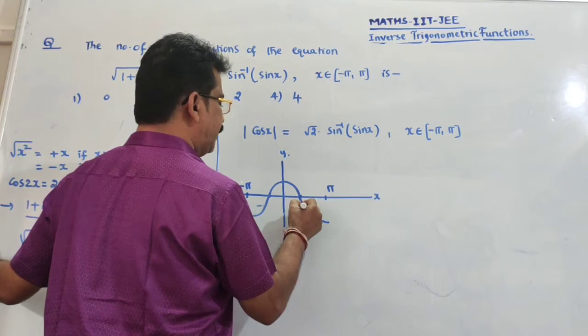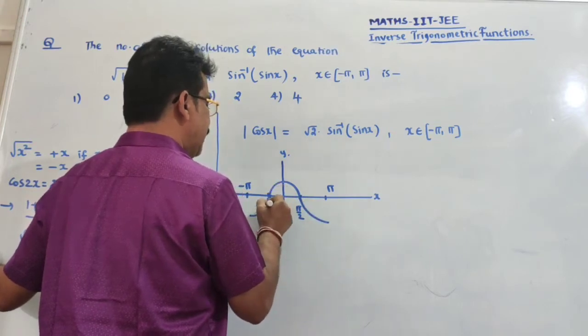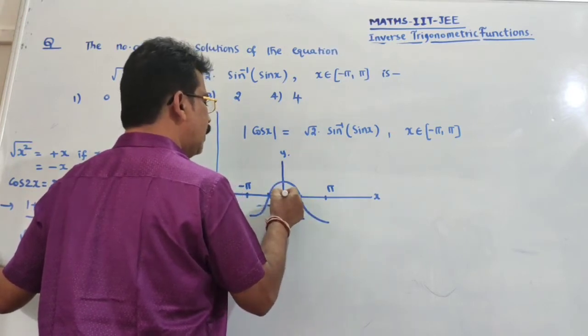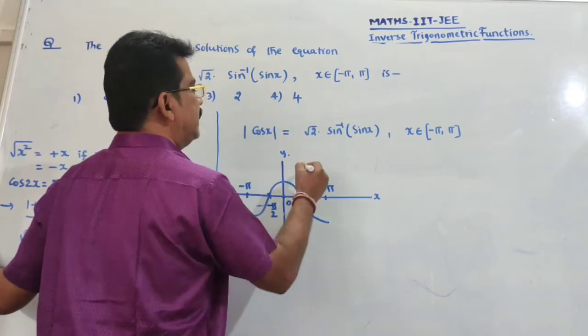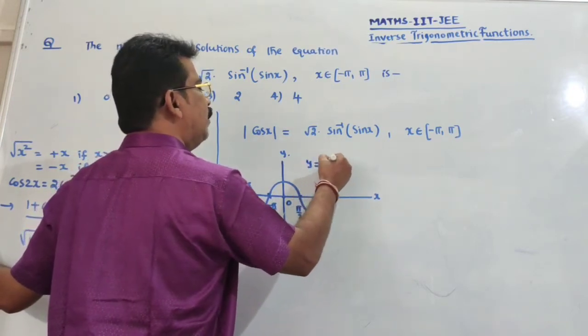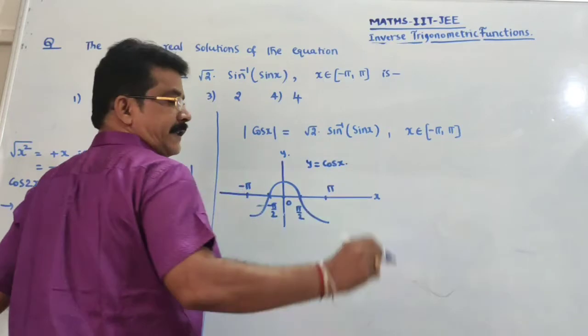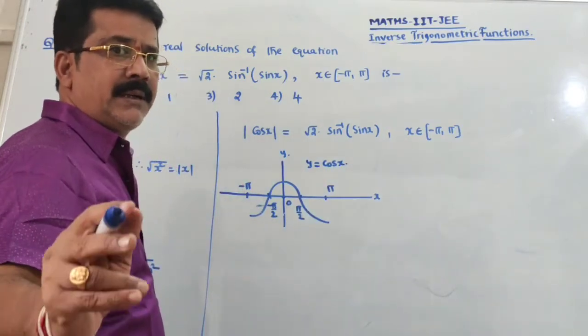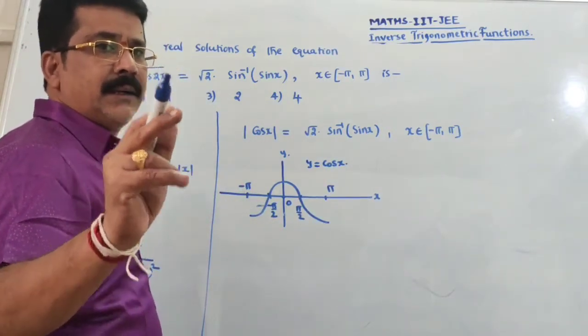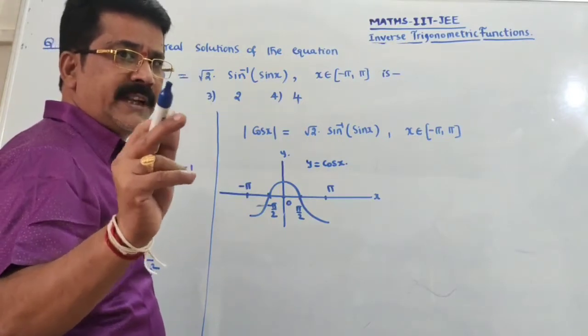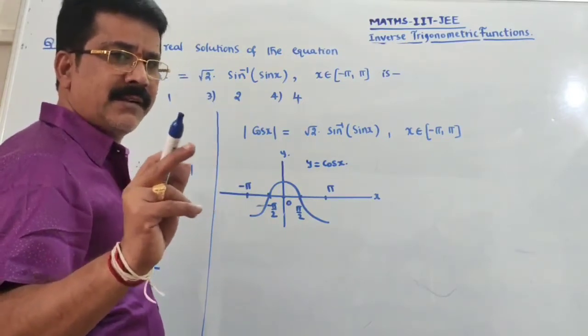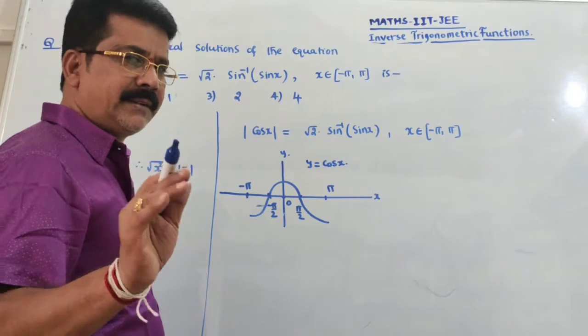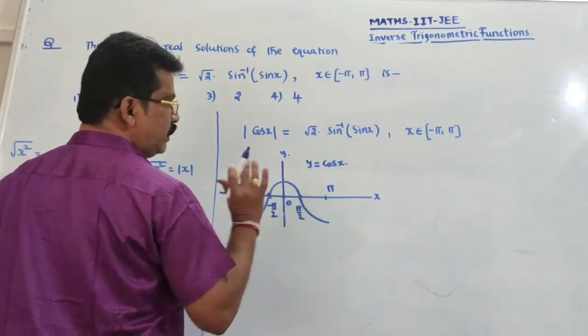This is the origin. This is the graph of y equal to only cos x. So it is better to learn the graphs of y equal to sin x, cos x, tan x and further cot x, like that. Okay. This is the y equal to cos x graph.